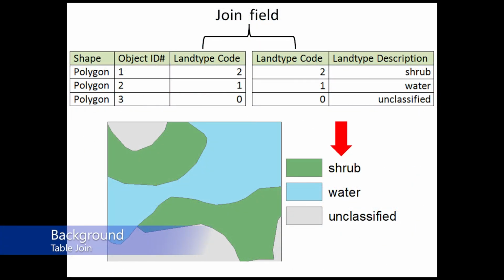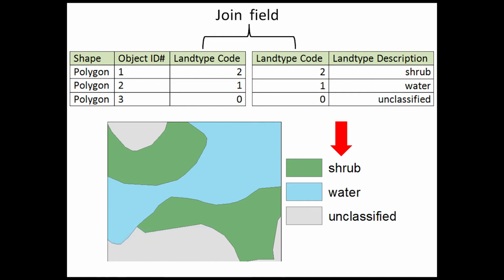Another very important concept in GIS related to tabular data is that of table joins. The basic idea behind table joining is where two tables are combined based on a common field in both tables. This image shows two tables related to land type. The first table on the left side of the image contains the geographic features of land type polygons.